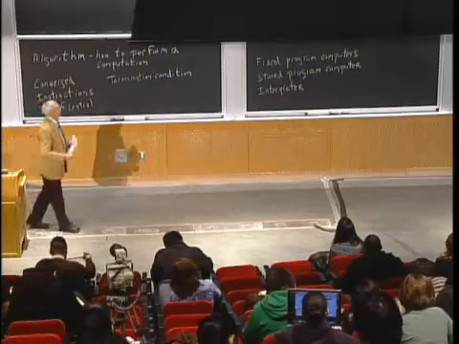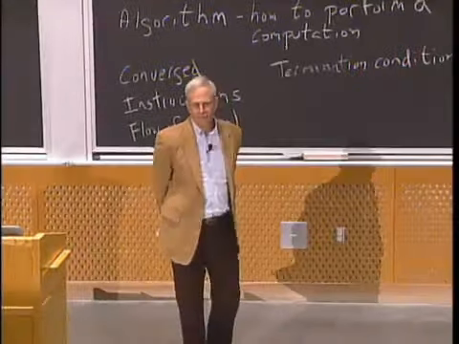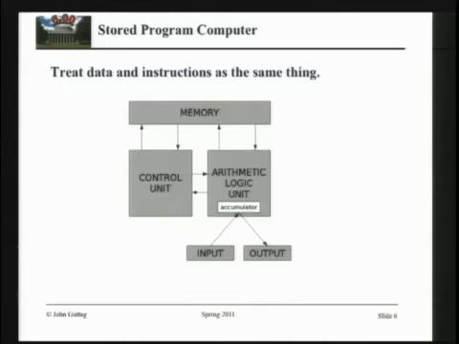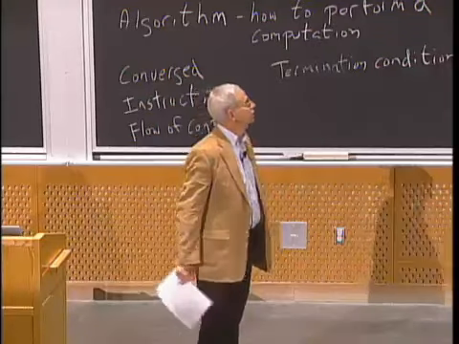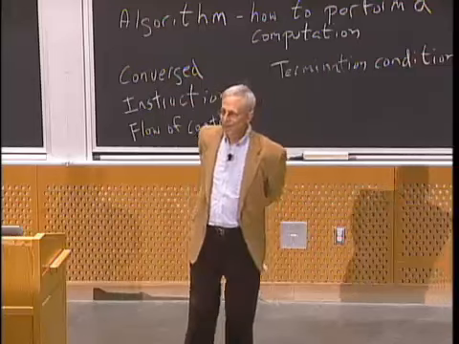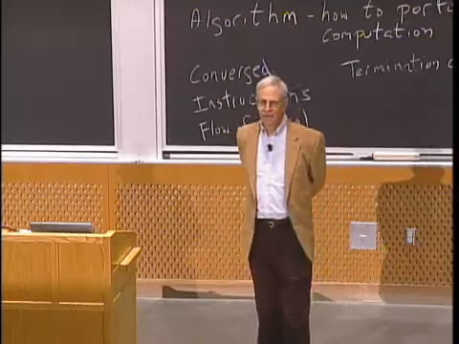So roughly speaking, this is what a stored program computer looks like. This is 6004 in 40 seconds. It's got memory, lots of it today. A control unit that basically tells it what to do. For example, fetch some data from memory, put some data into memory, send some output to a screen, all of those kinds of things. What for historical reasons we call the arithmetic logic unit.